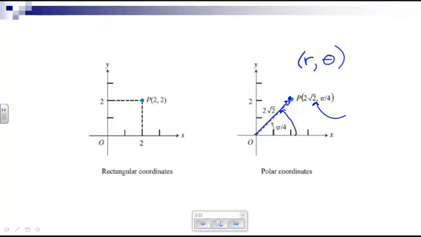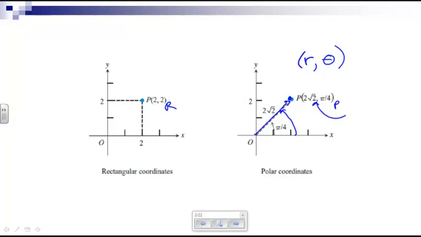And every point in the plane can be named using this convention. Remember these 2 points, the rectangular 2, 2 and the polar 2 root 2, comma, pi over 4, actually represent the same point in space.